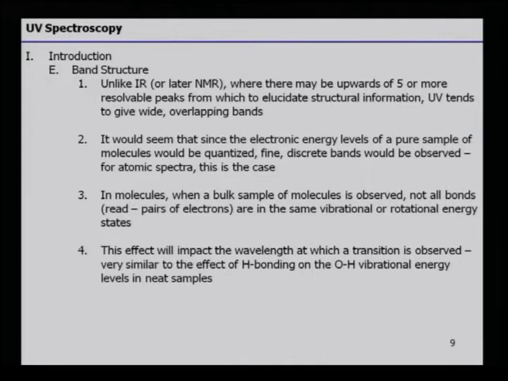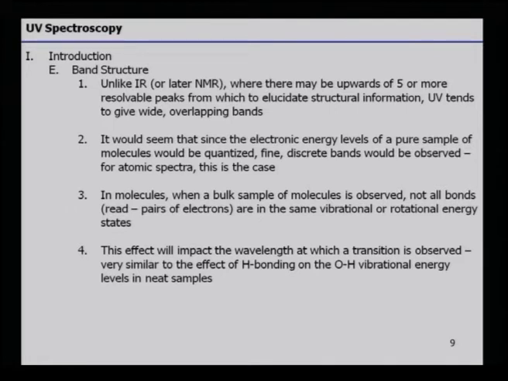Now, the band structure. Unlike IR or later NMR, which we will study, where there may be five or more resolvable peaks from which to elucidate structural information, UV tends to give wide overlapping bands.